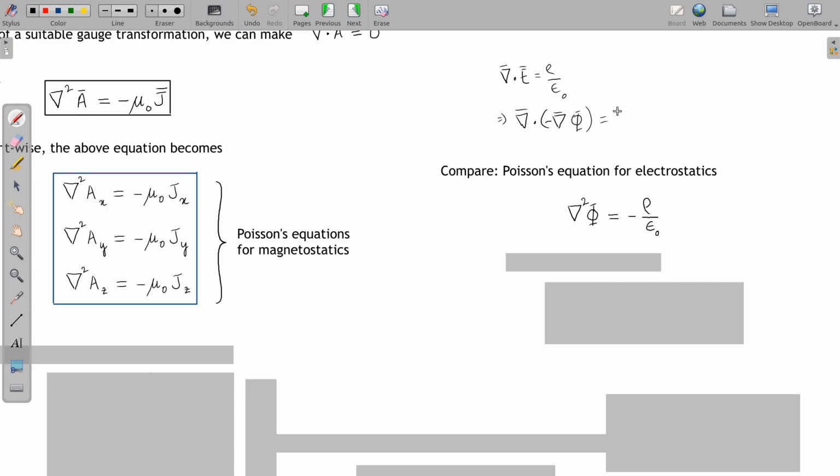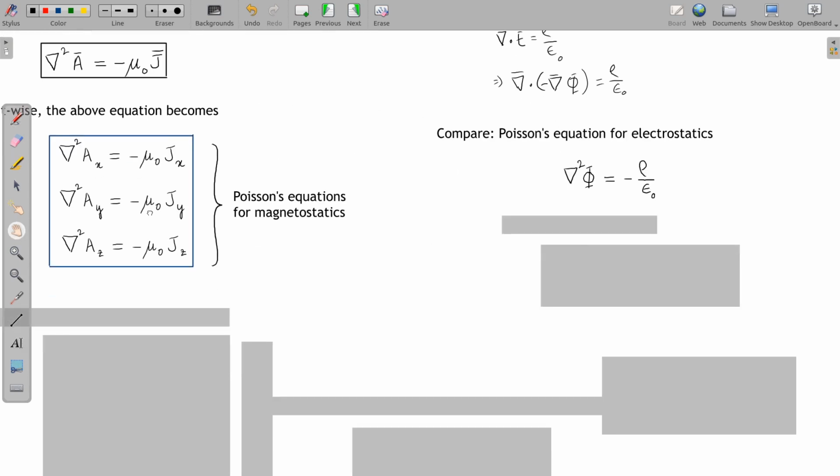So this minus we take to the other side, and this del dot del gives us the Laplacian. So the two derivations are pretty similar to each other.